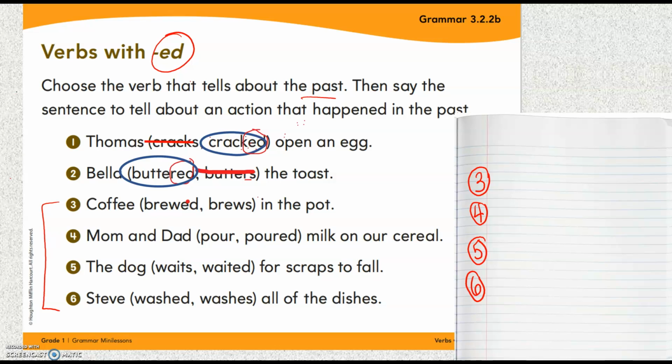You will want to read the sentences, and you will only write the word that shows that it happened in the past. Please remember to circle or identify how you will know that that word is in the past. Go ahead and pause this video so that you can begin.